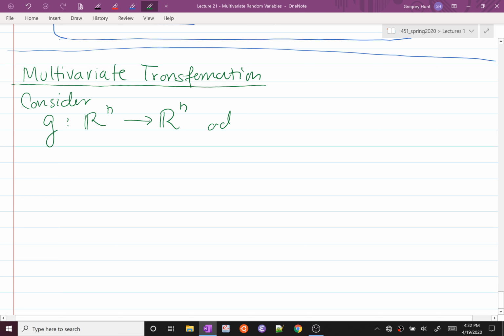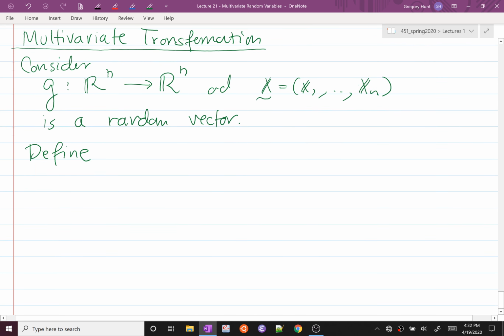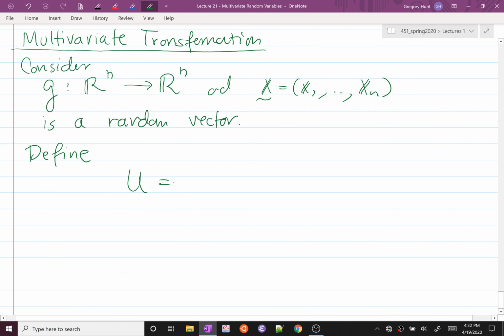And let's say x tilde, which is x1 to xn, is a random vector. We're going to define a new random vector, u, to be g of x.